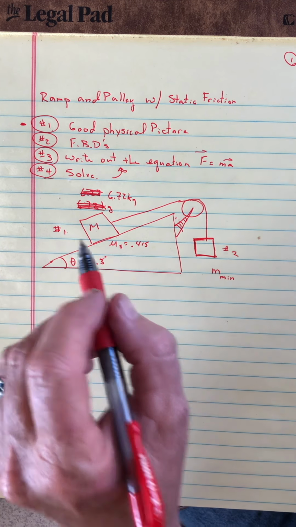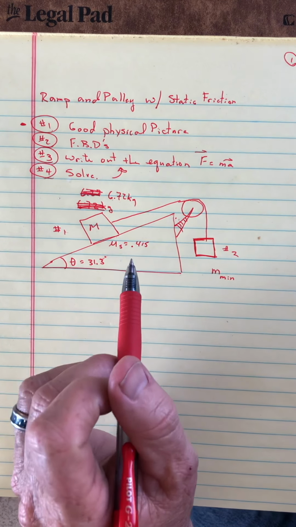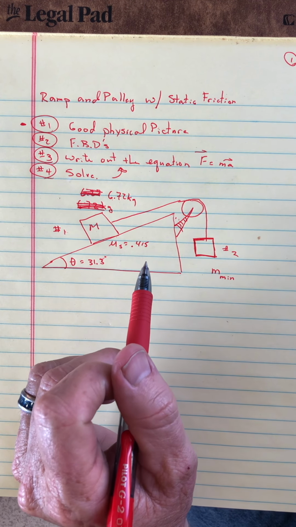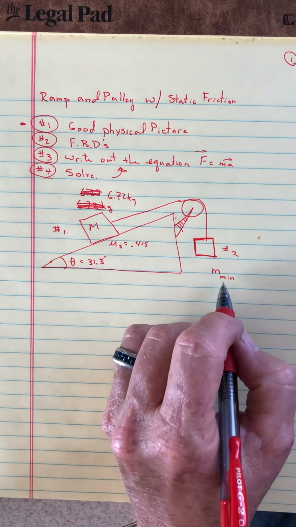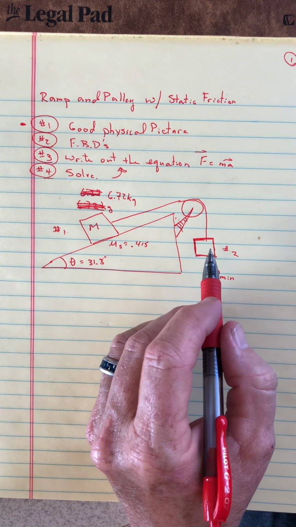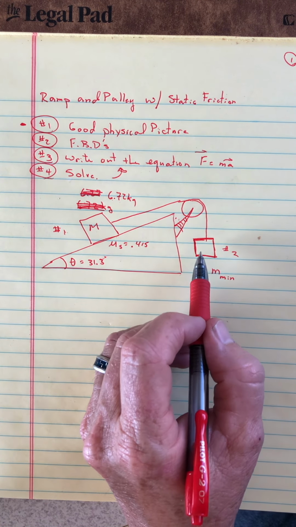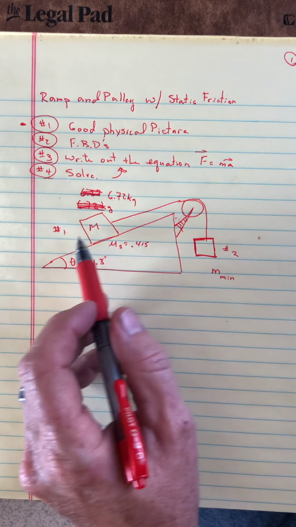So let me just read it again. The minimum mass that block can do without having the blocks move is M minimum. So if this was, say, 0, presumably if this is 0, this would slide down the hill.